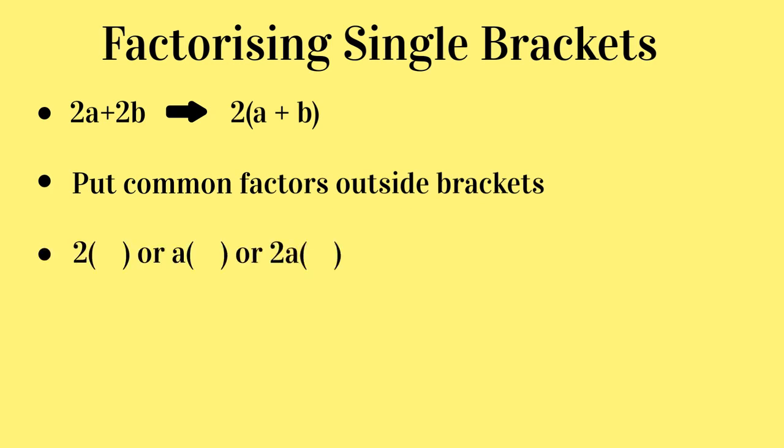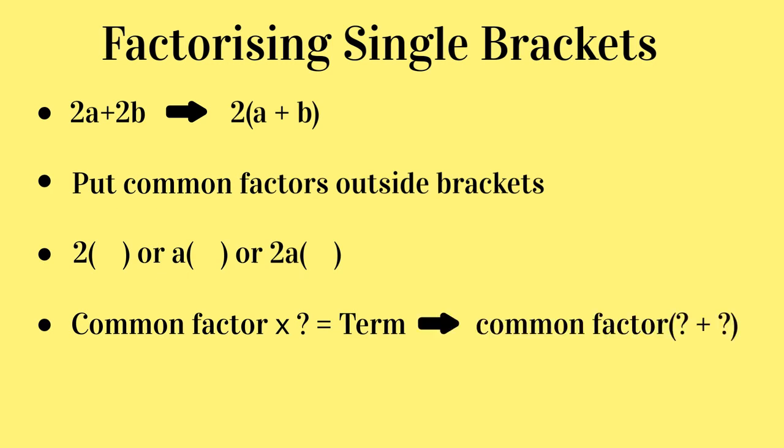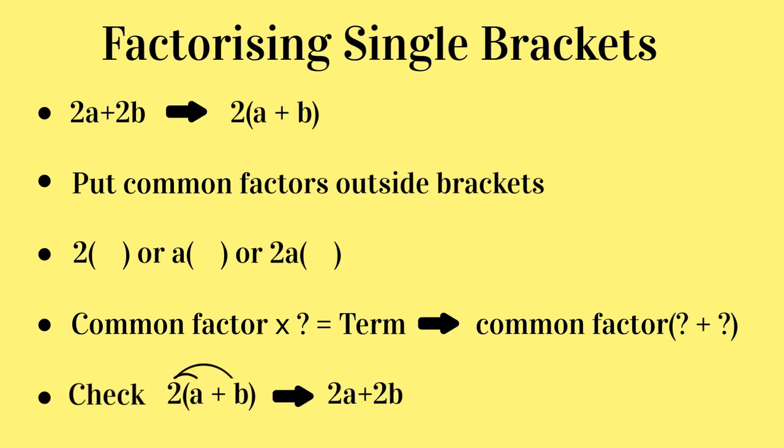These can be numbers or variables, or a combination of numbers and variables. We then find what the factor outside the brackets has been multiplied by to get each term, and put the answers inside the brackets. To check you have factorised correctly, you should be able to expand the brackets to get back to the original expression.